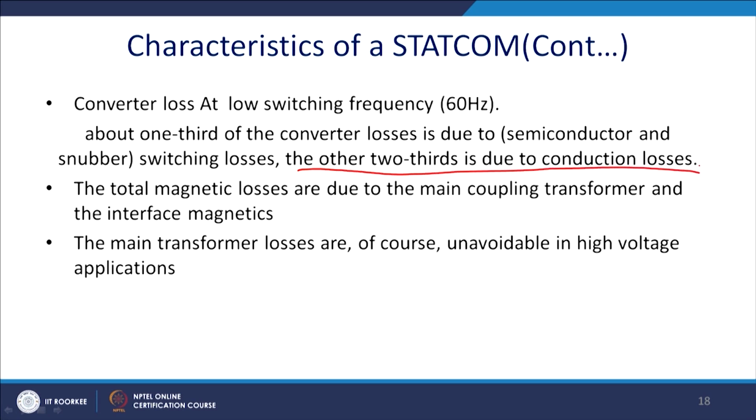The total magnetic losses are due to the main coupling transformer and the interface magnetics, and these are hysteresis and eddy current losses. And main transformer losses of course are unavoidable in high voltage applications.